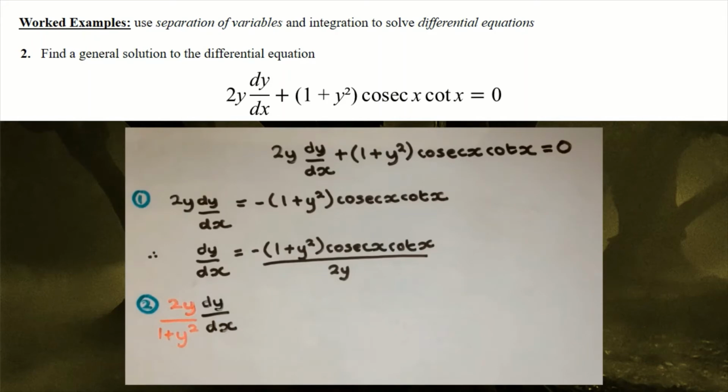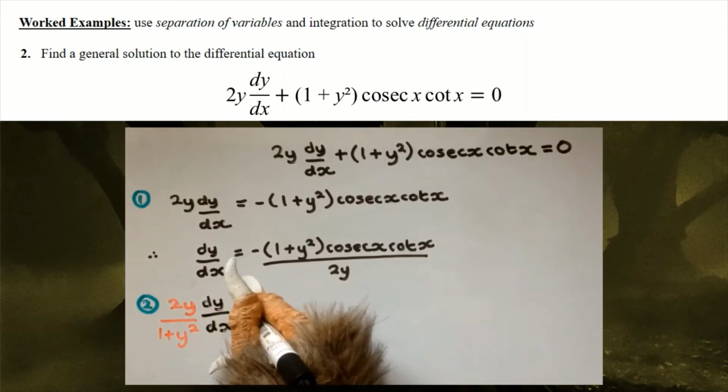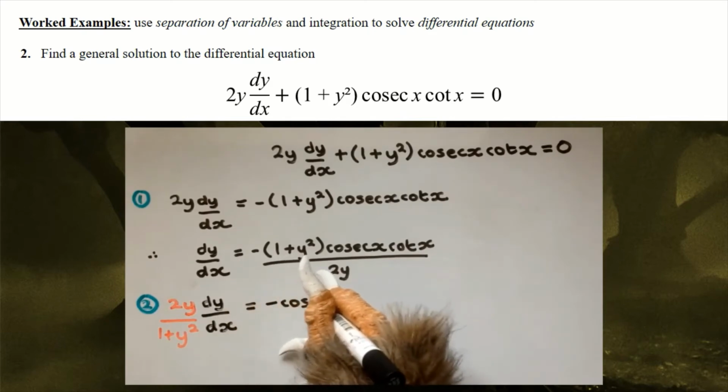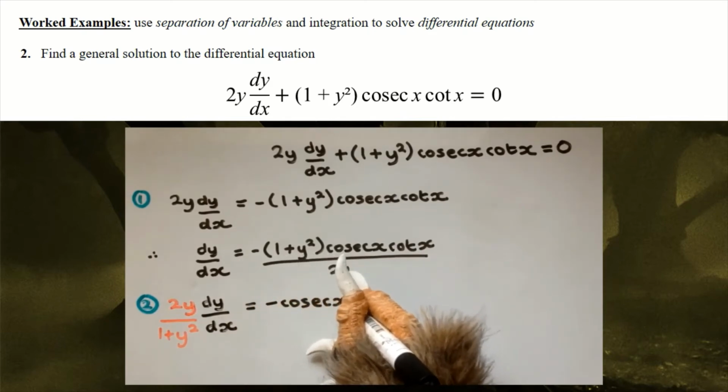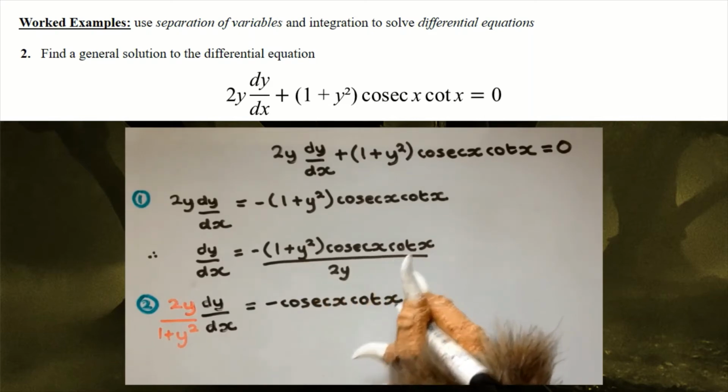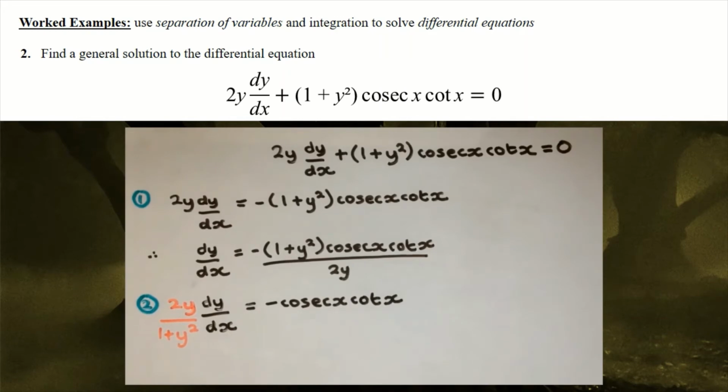There we go. And that's going to leave me with negative cosec x cot x. There we have it. Now I've got the dx there, let's just move that across as well.